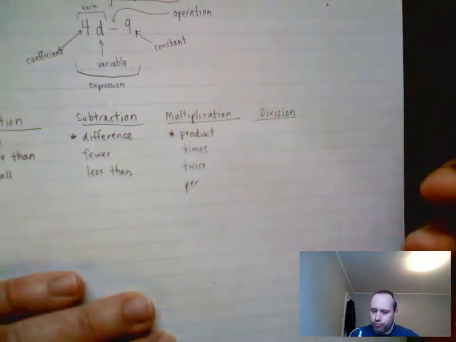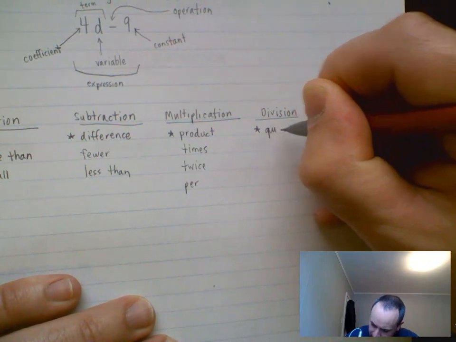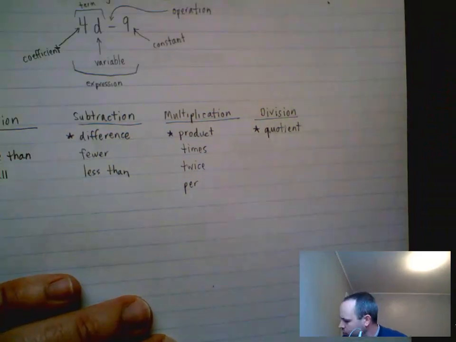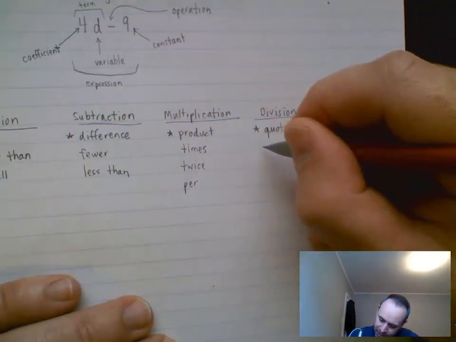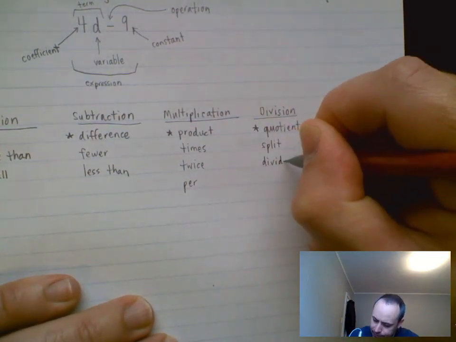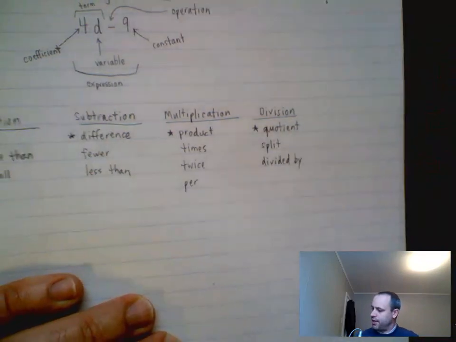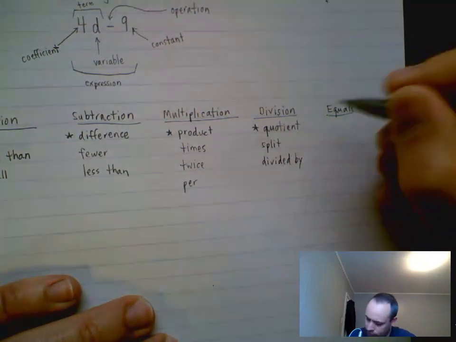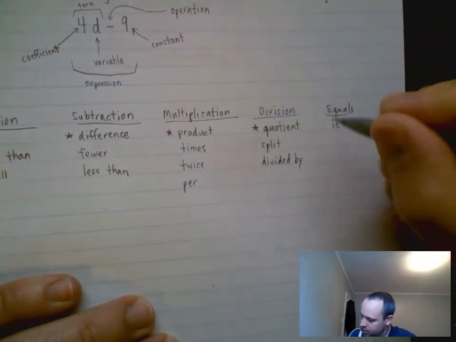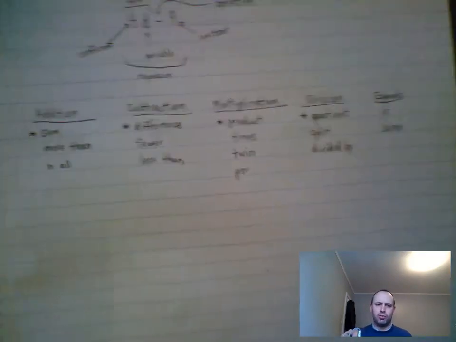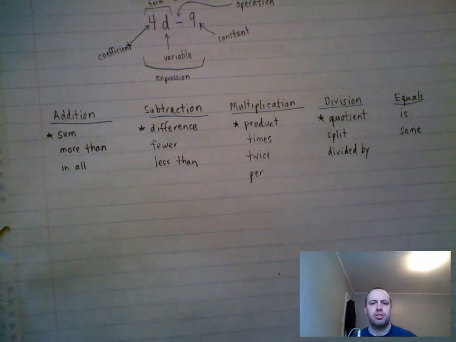For division, the big word here is quotient. That's a word you're going to need to know moving forward in math. Every grade from here on out, if you don't know that, quotient means division. You might see the words split, divided by. And sometimes they'll use a word for the equal sign, like is or the same. There are other words than these, but these are some of your big words, and when we come across other words, we'll talk about them when they come up.